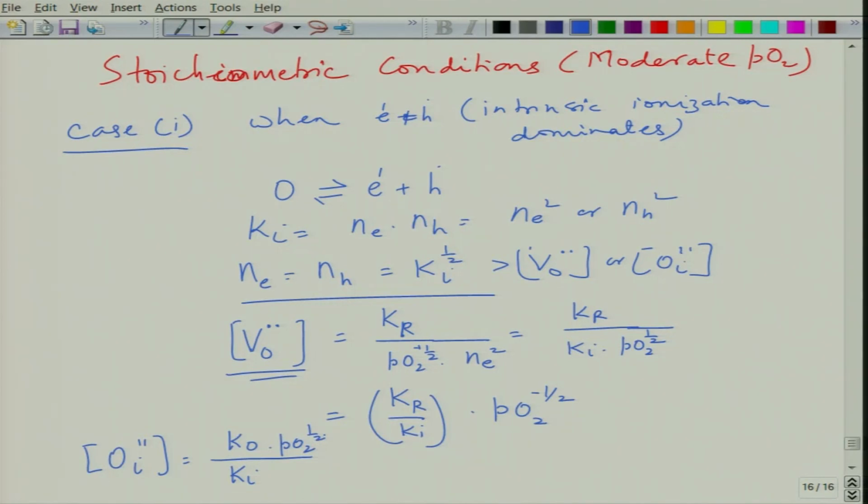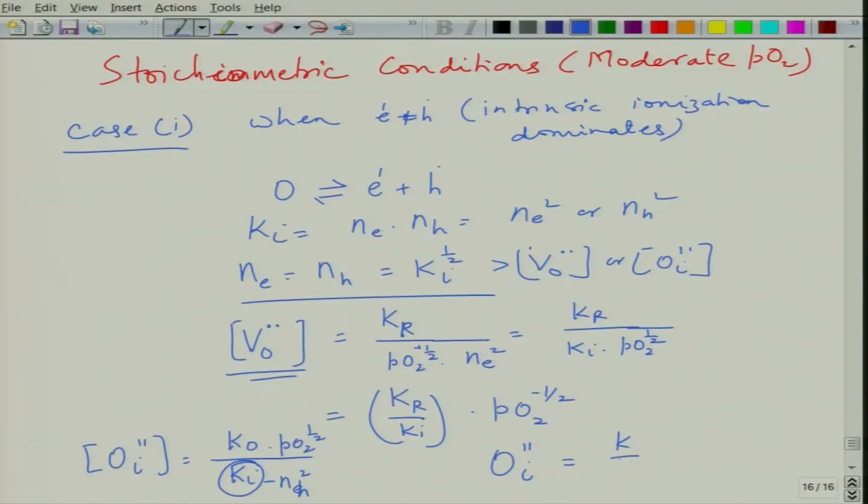It would remain the same, except that Ki is now equal to Nh square. From the previous reactions, what is this Ki? Ki is nothing but Nh square. So, KO was equal to OI into Nh square divided by PO2. From this we have worked out OI, which is equal to KO into PO to the power half divided by Nh square replaced by Ki. So, OI is equal to KO divided by Ki into P to the power plus half.